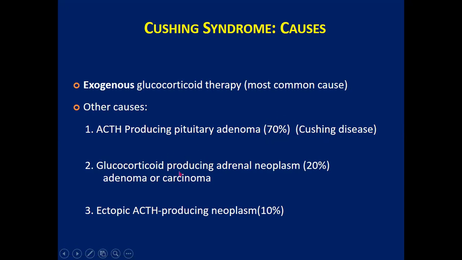Then glucocorticoid producing adrenal neoplasm, which is irrespective of the ACTH produced by the pituitary or the CRH by the hypothalamus. This one is important because it is localized to the adrenal gland. Then ectopic production of ACTH by neoplasm accounts for 10% of the cases of Cushing syndrome.